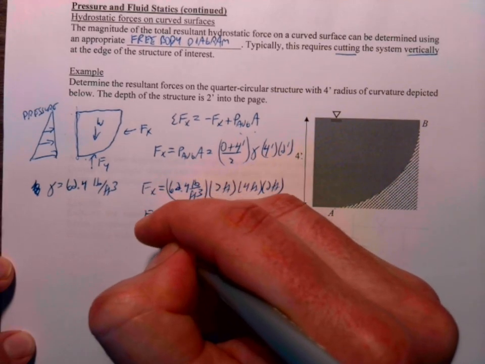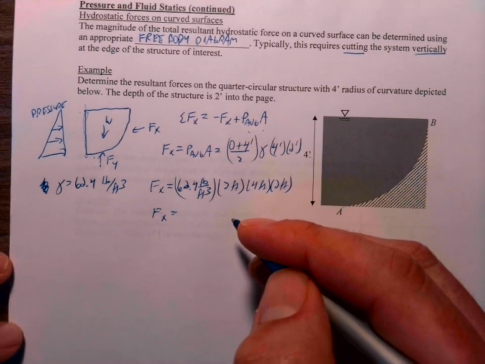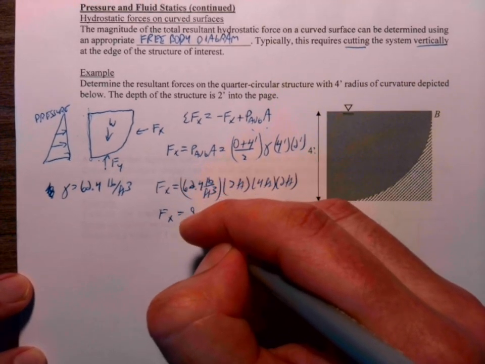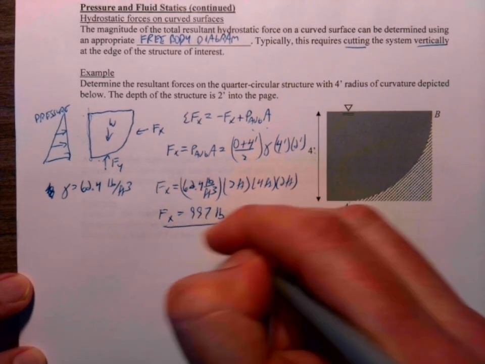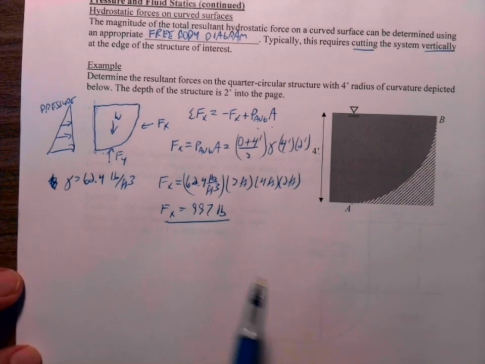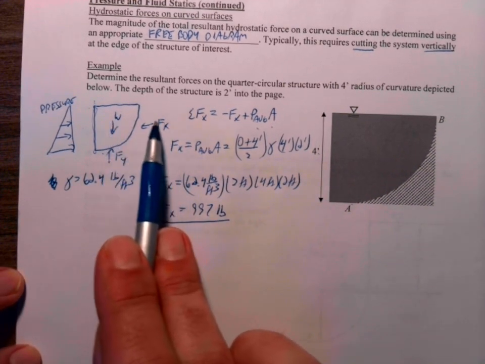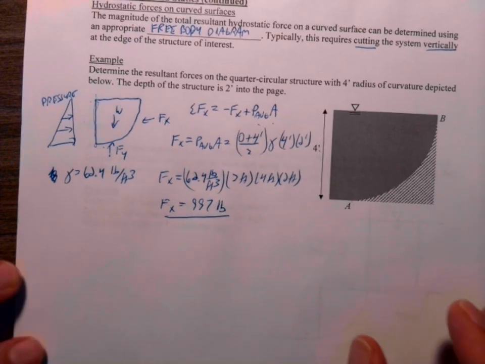And then I got that Fx is equal to 997 pounds.